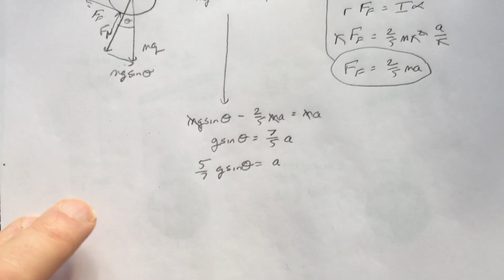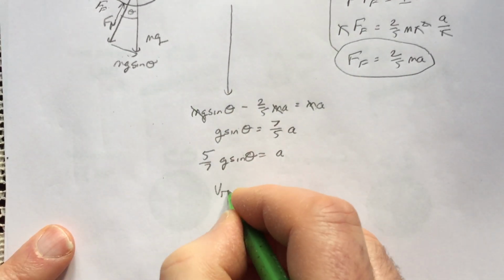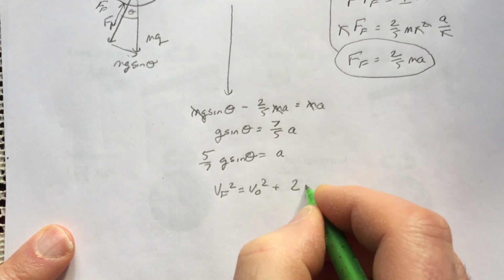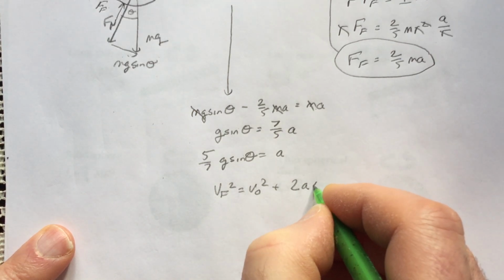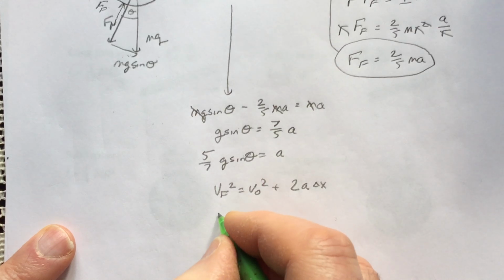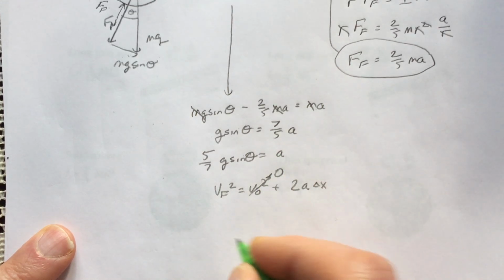Well, not a big deal. Vf squared equals v naught squared plus 2a times delta x. It's going to wind up being L, going down the length of the incline. Initial velocity starts at 0.